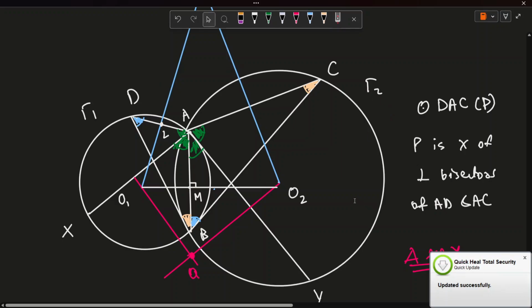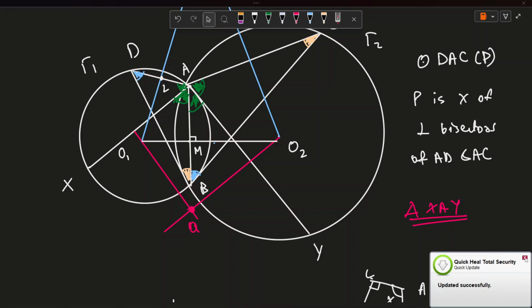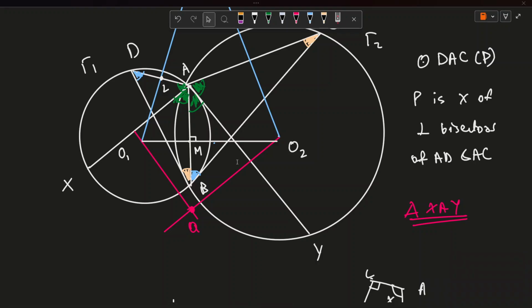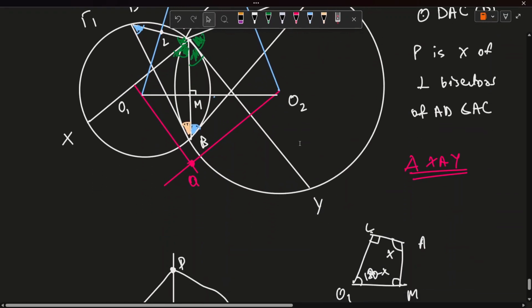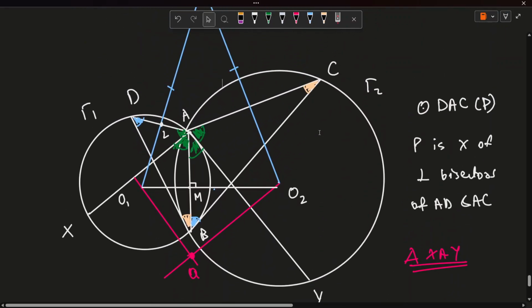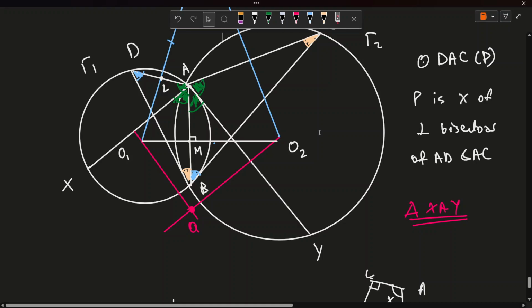Okay, that is one point, and so we basically get that this side is equal to this side, because PO1O2 is an isosceles triangle, so this directly follows.